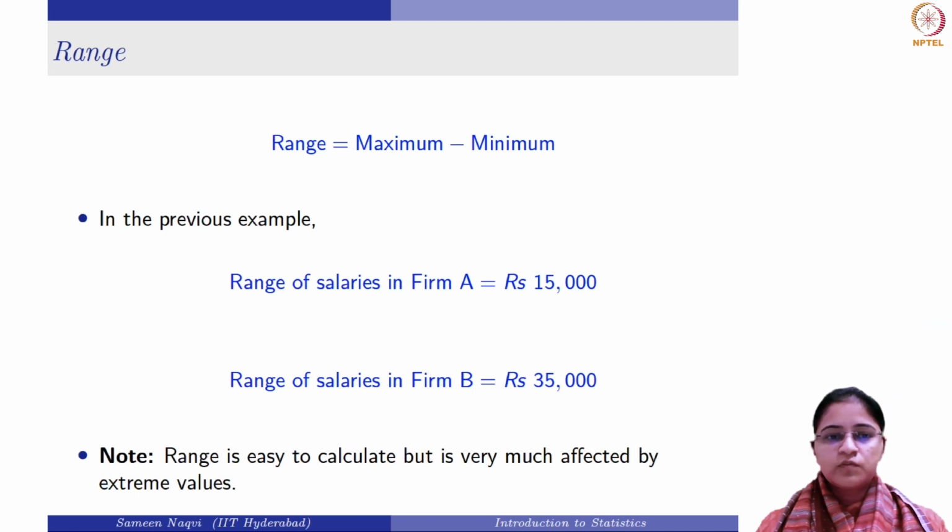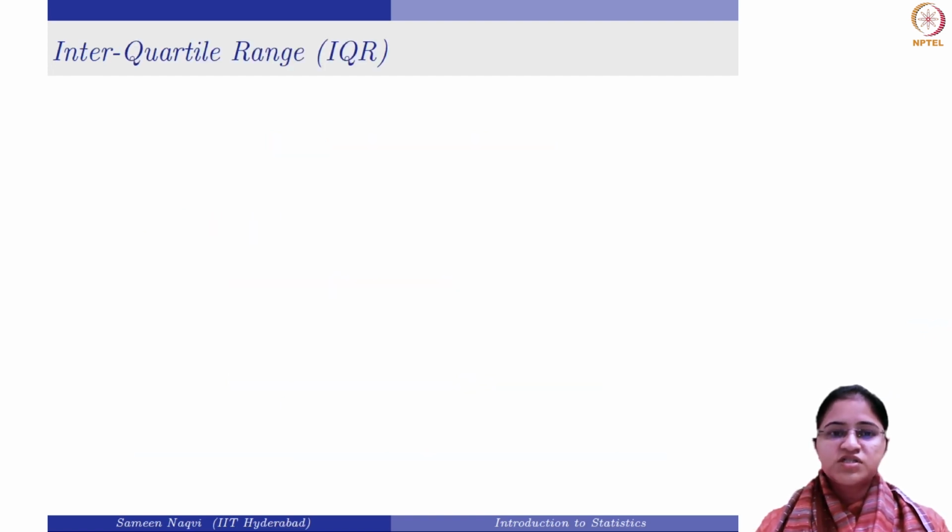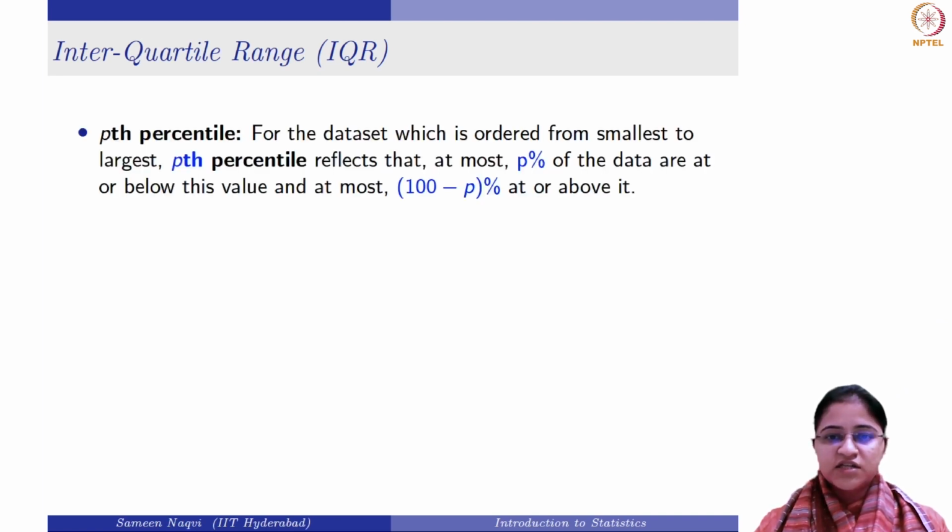So next one, that is interquartile range, focuses on the middle 50% of the data set. And to understand interquartile range, we need to first understand what a quartile is. If you have a data set ordered from smallest to largest, the Pth percentile reflects that P% of the data is below that point, and at most 100 minus P% is above it.